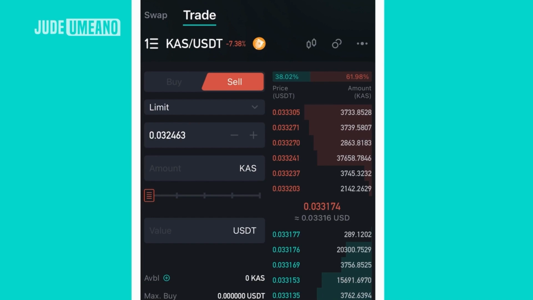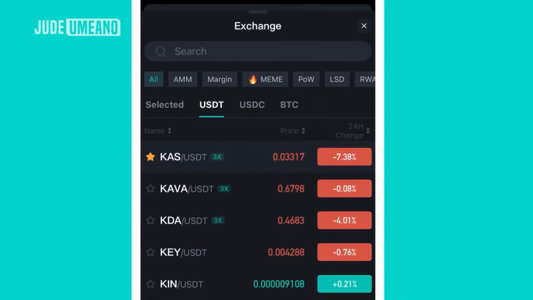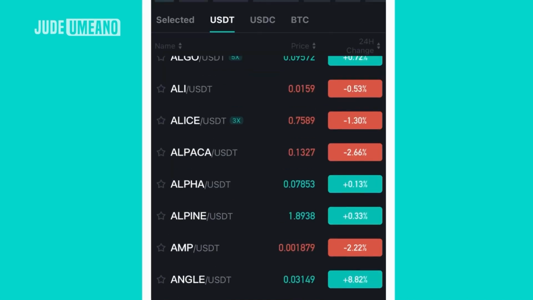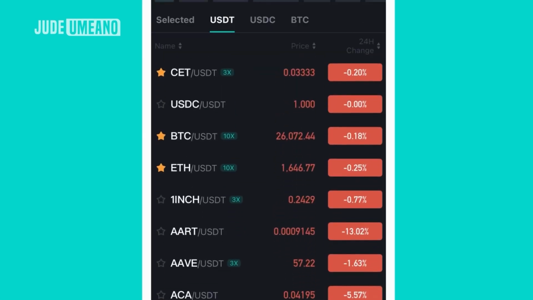The first one you have here is the coins. If I tap on this, USDT, I'll see the different coins I can trade. Besides selected, you can see USDT, USDC, and BTC. These are the three types of cryptocurrency pair you can trade on CoinEx. When it's in the USDT section, it's showing you only the USDT pairs.